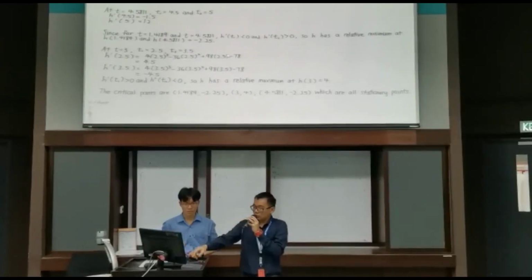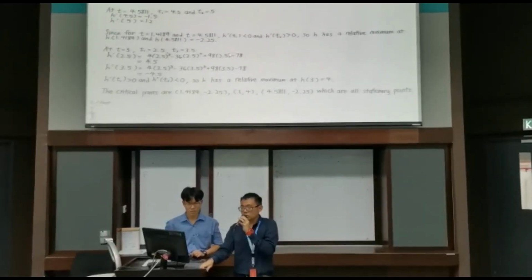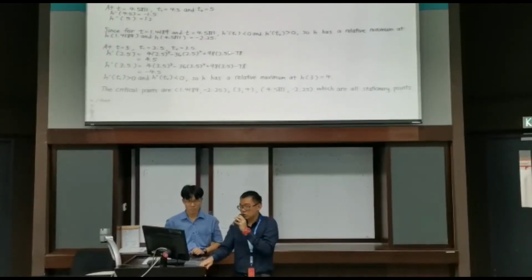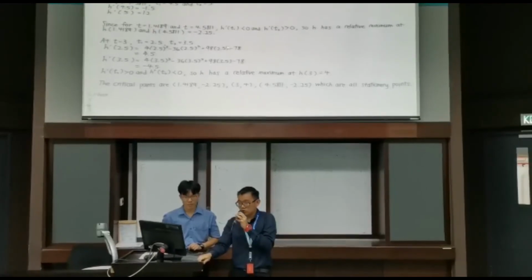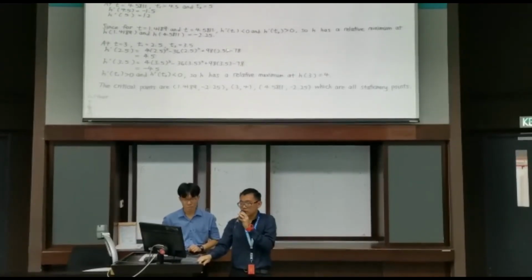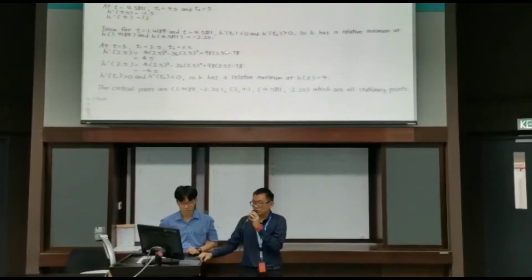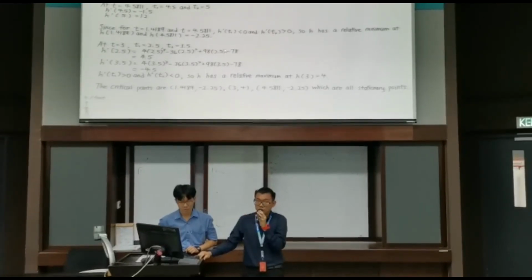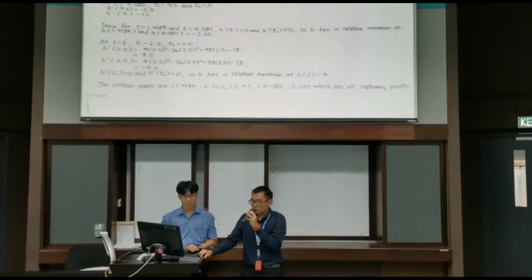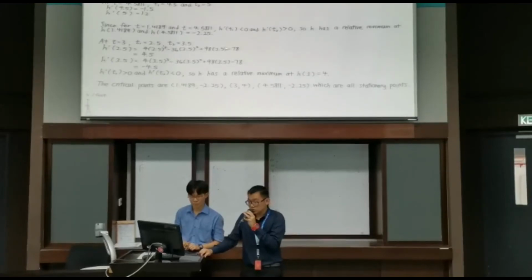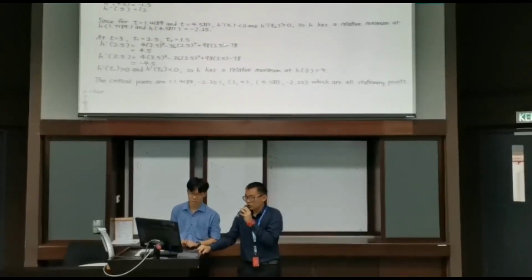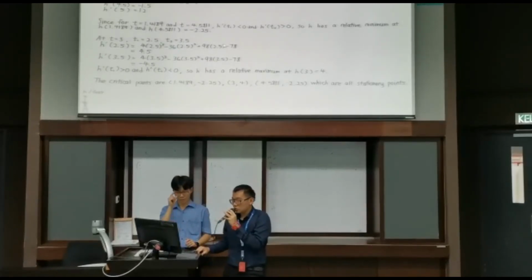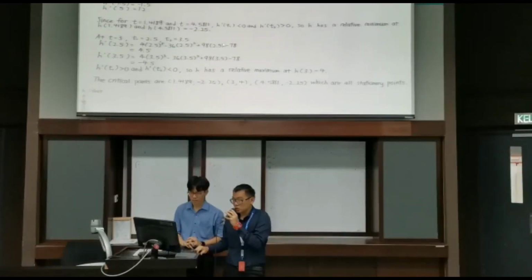Finally, at t equals 3, we assume another 2 points, which are 2.5 and 3.5. We sub 2.5 and 3.5 in h prime, and we get 4.5 and negative 4.5. h prime t1 is greater than 0 and h prime t2 is less than 0. So we know that h has a relative maximum, which is 4.